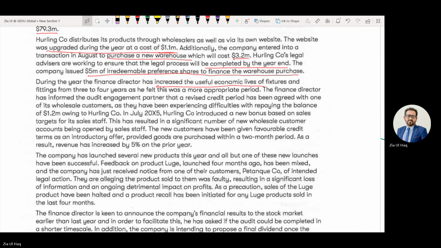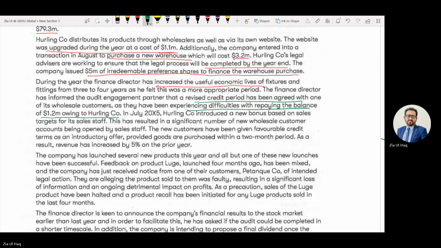Okay. The finance director has informed the audit engagement partner that a revised credit period has been agreed with one of its wholesale customers. We have revised credit terms with one customer as they have been experiencing difficulties repaying the balance of 1.2 million owing to Hurling company.